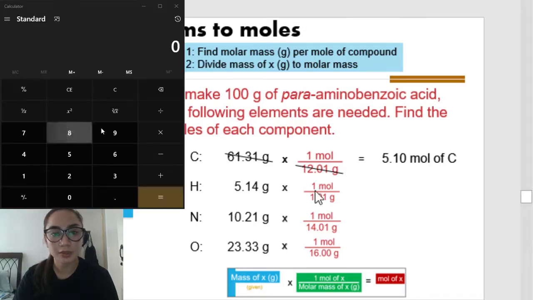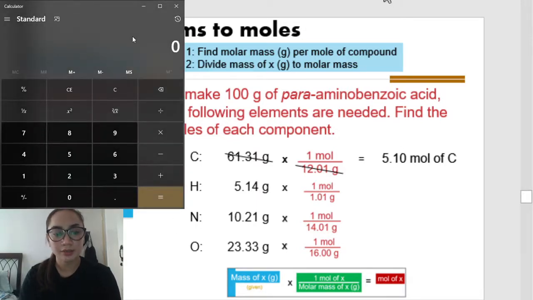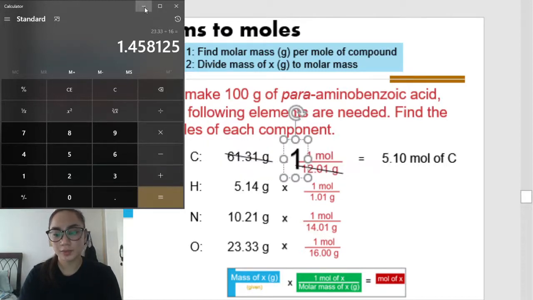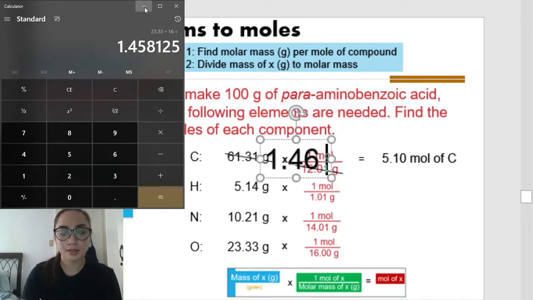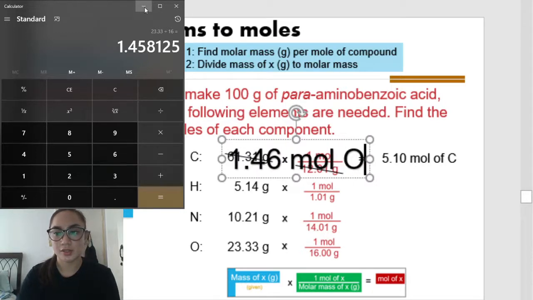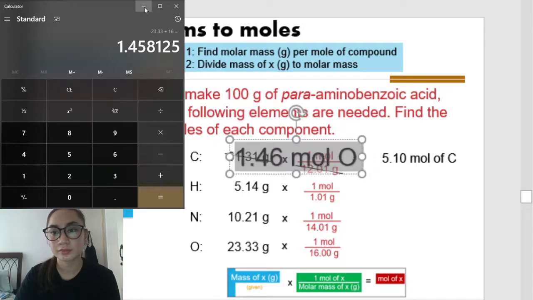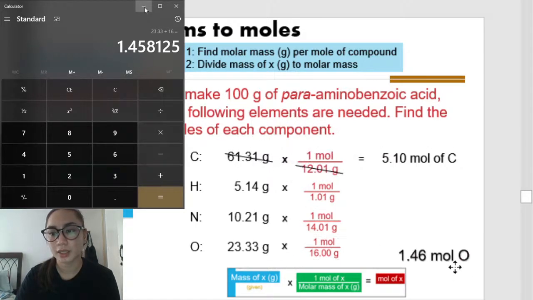And we compute: we have 23.33 divided by 16. So we get 1.46. Okay, so 1.46 moles of oxygen.